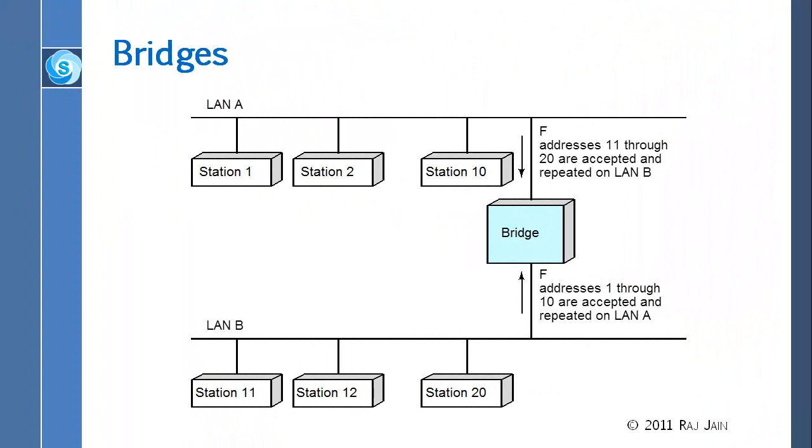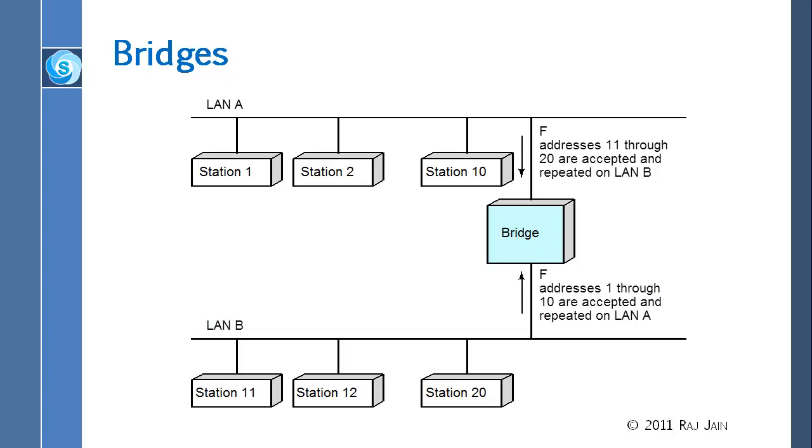Now bridges. The way Ethernet initially connected was that you had this wire and everybody tapped onto the wire. If you wanted to connect 2 wires, you put a bridge in between. The bridge will listen to all the traffic on this side, and by listening to the traffic it will understand who is on this side.